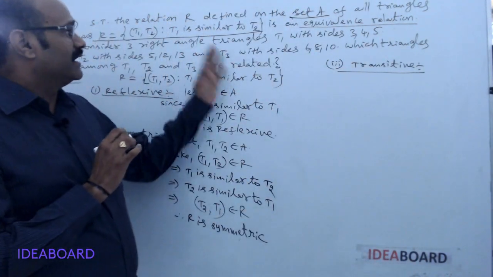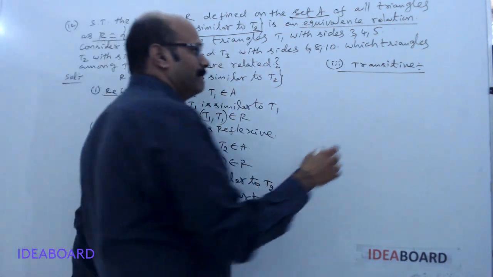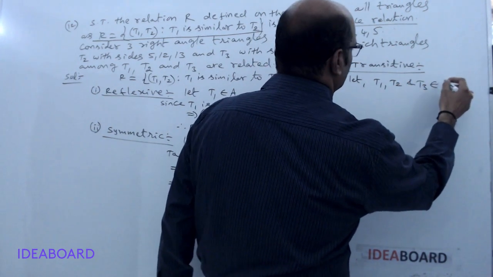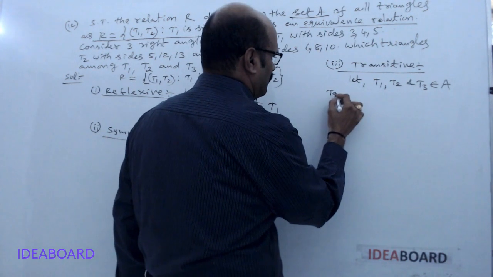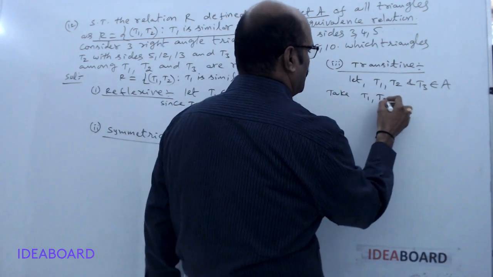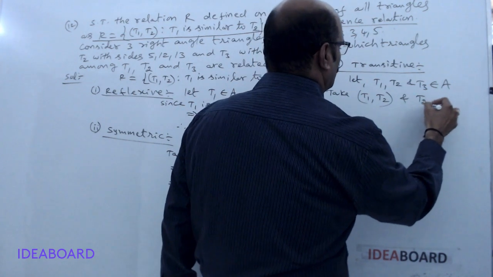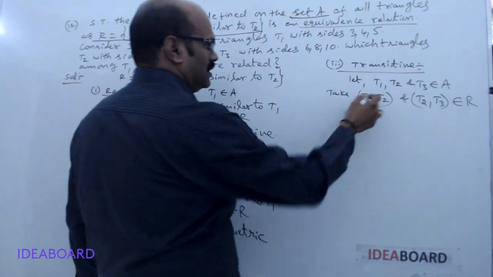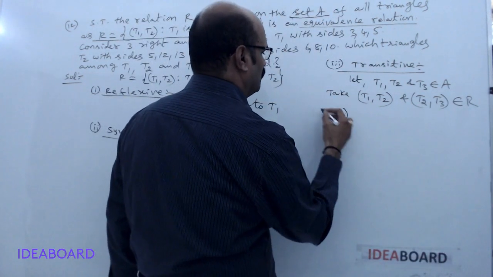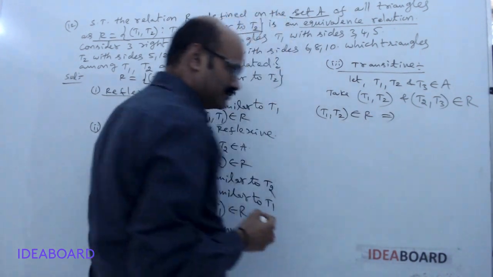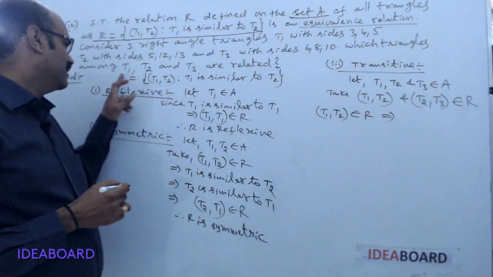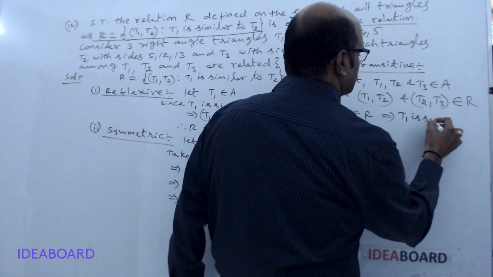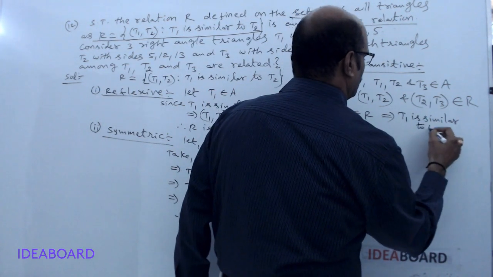Let T1, T2 and T3 belong to A. Take (T1, T2) and (T2, T3) belongs to R. Let me take (T1, T2) belongs to R. It implies T1 is similar to T2.